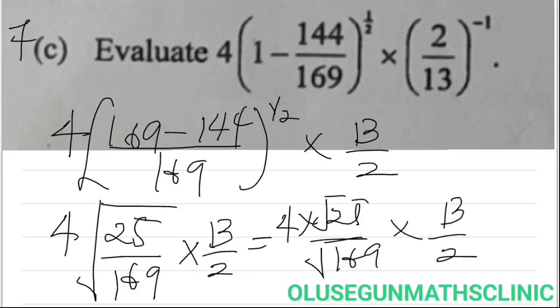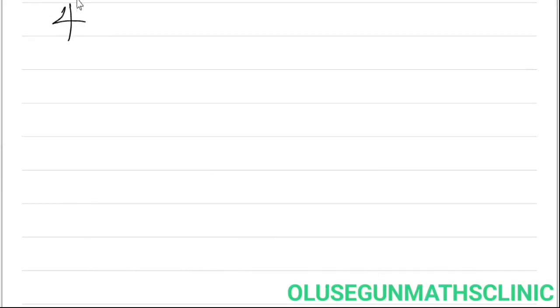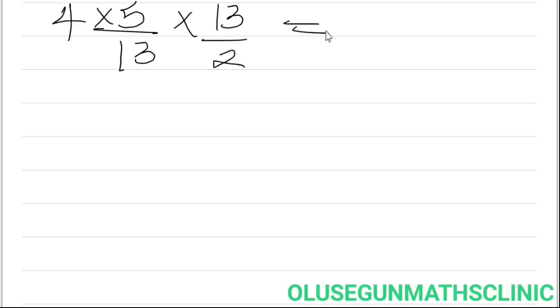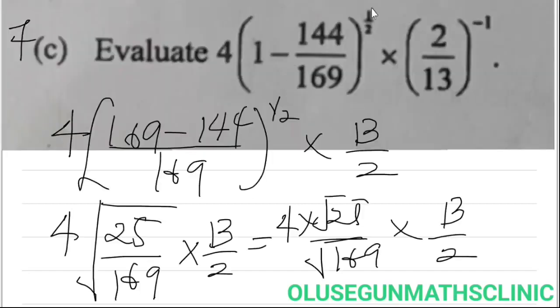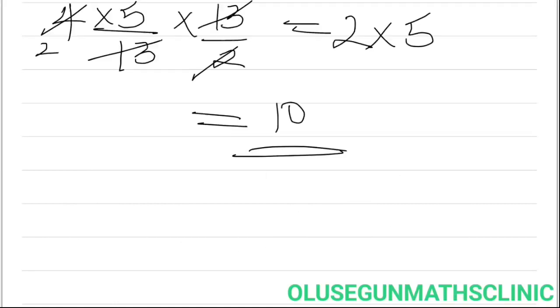So we have 4 times 5 over 13 times 13 over 2. So we cancel 13, and 2 we cancel 4, remain 2. So 2 times 5 is equal to 10. So that's just the answer for this, you call it illogical indices. So the answer is 10.